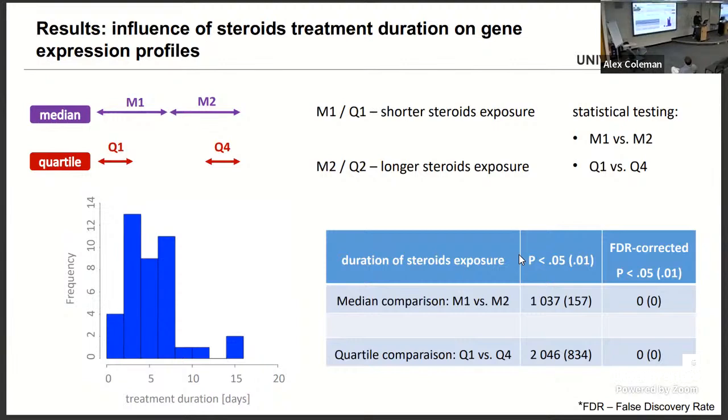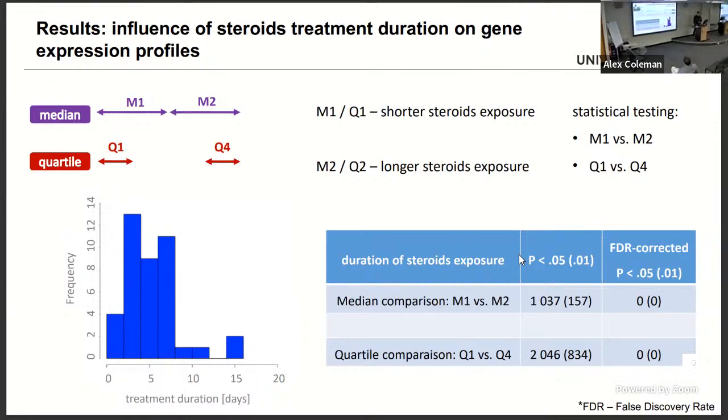So we wanted to make sure that this is not the case in our study as well. This frequency diagram shows the number of days that patients stayed on steroids and the frequency. As you can see, all patients stayed on steroids for a relatively short period, up to about 2 weeks.